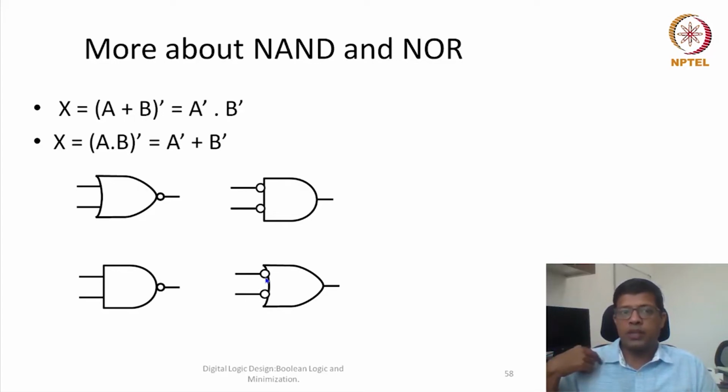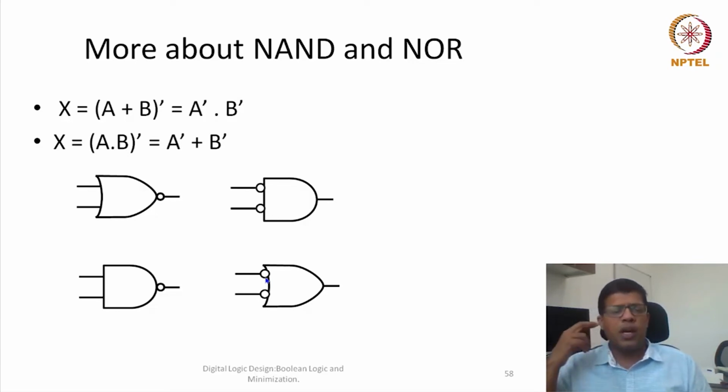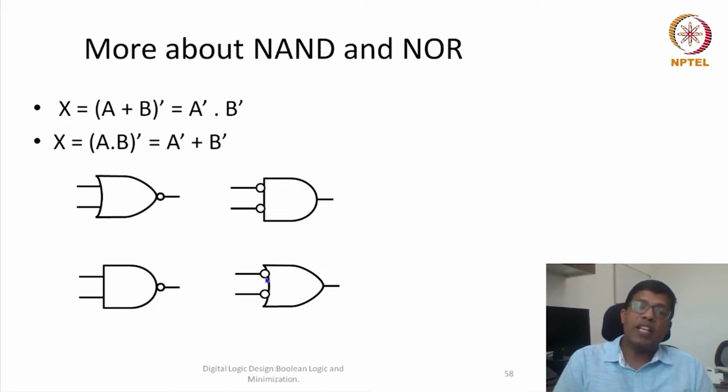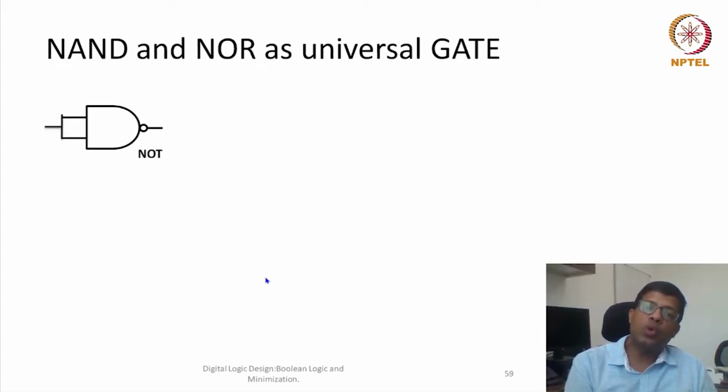So this also gives us some intuition that possibly these NAND gates and NOR gates can also be used to design an AND gate, OR gate, or NOT gate. So that's why these NAND and NOR gates are also called universal gates.